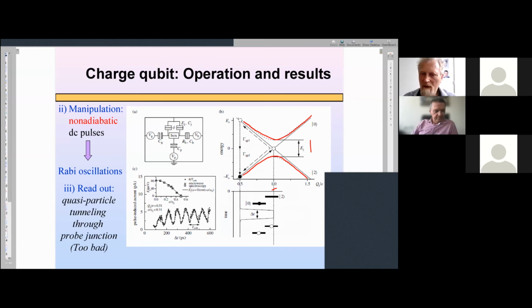The operational point of the device cycle was somewhere far from this point, where the authors were sure that it's in a given charge state. Okay, charge state 0 at this side. Then they apply a pulse which brings it quickly to this point, and that pulse has a certain duration, delta t.